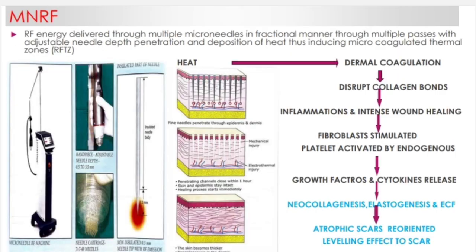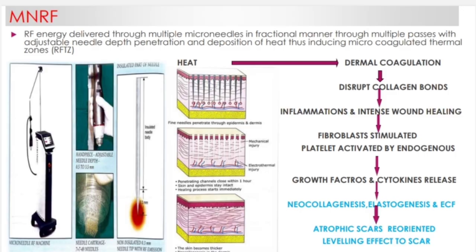The next procedure is the microneedling radiofrequency fractional. This is a device-based method in which radiofrequency energy, which is a high intensity alternating electric current, is delivered through multiple needles in a fractional manner through multiple passes, with adjustable needle depth penetration and deposition of heat, thus causing the microcoagulated thermal zone.